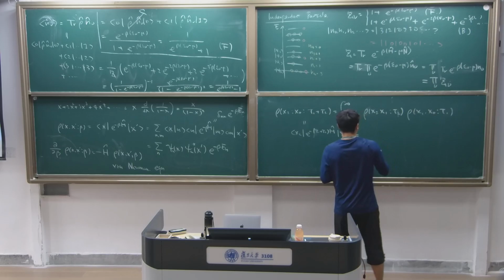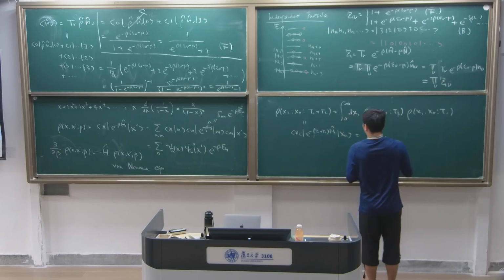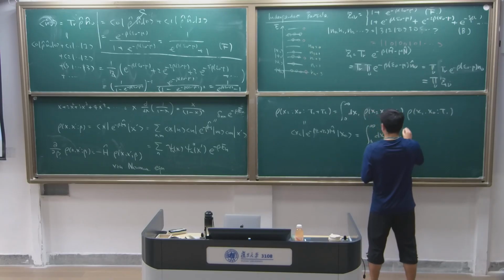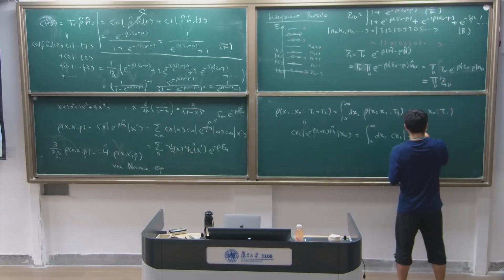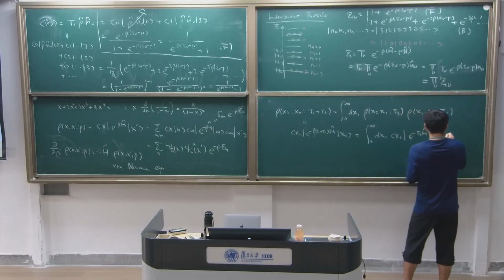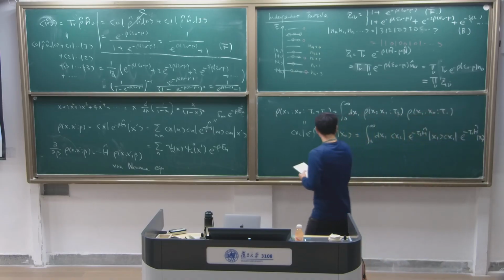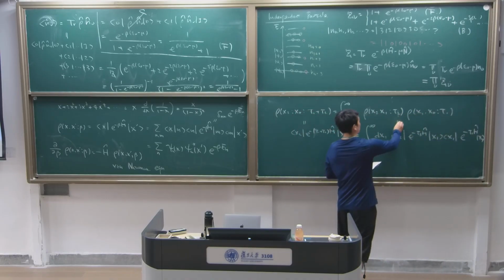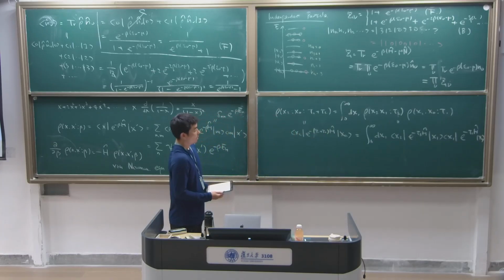If you insert the identity operator in the middle, you can have x2 e to the minus tau 1 h hat tau 2 x1 e to the minus tau 1 h hat and xp. Okay, that's what you do. This is exactly this. So that's what you do.